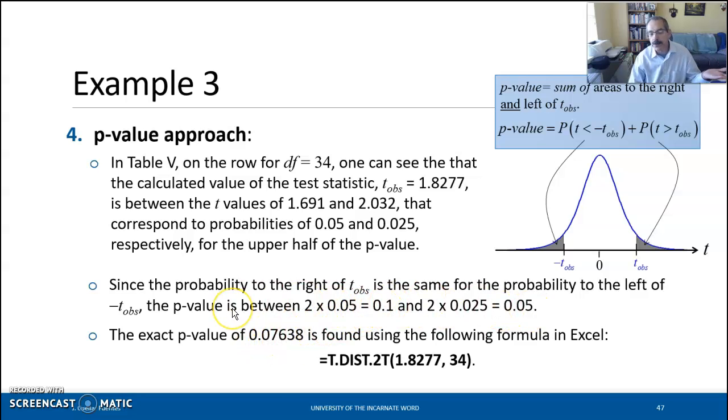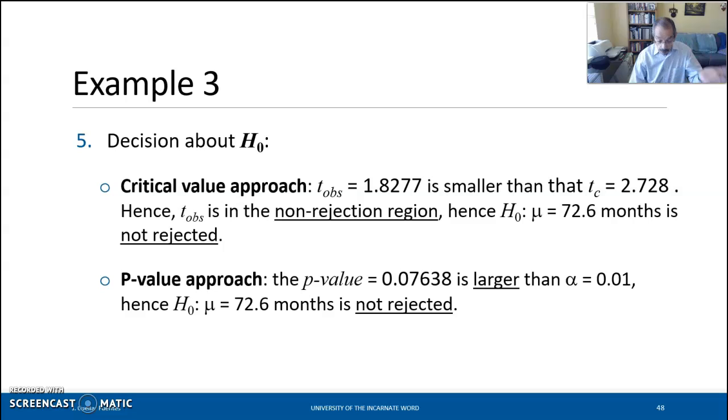All right, so now that we found the critical region, or the rejection region, I should say, and the p-value, then we move on to make a decision. So in the critical value approach, we find that the calculated value of the test statistic, 1.8277, is between the critical values of 2.728 and minus 2.728.